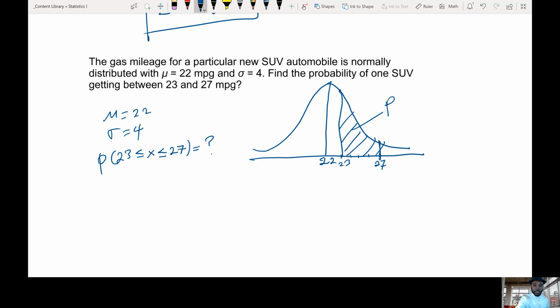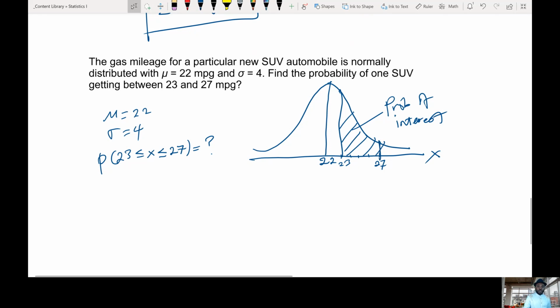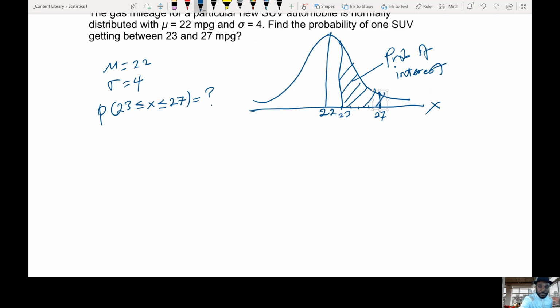So how do we go about this? Remember that this is X. We've not gone through the standard normal distribution. So what we need to do is to convert these to the standard normal distribution. So we're going to convert what is 23 in the standard normal distribution, and what is 27 also in the standard normal distribution. So that's what we're going to do first. So Z is equal to, remember, X minus mu divided by sigma.